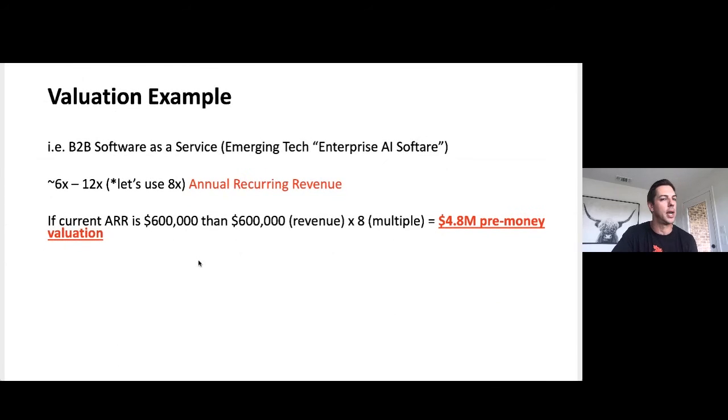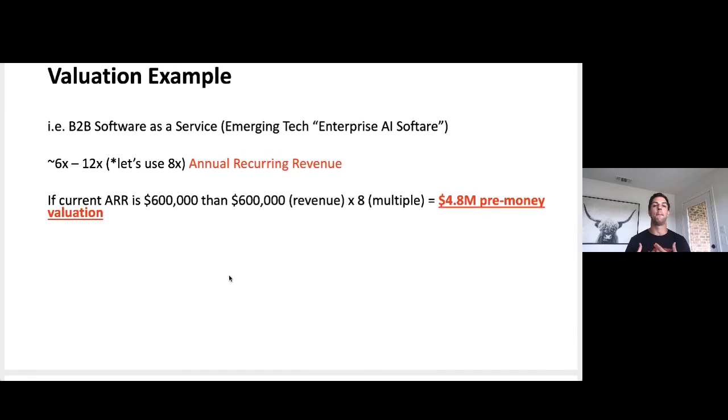And again, the valuation example real quick: if we take a B2B software as a service company who sells to enterprise companies, so enterprise AI software, those businesses sell at about a 6x to 12x revenue multiple on annual recurring revenue. So if we use the average, we'll think of it like 8x.